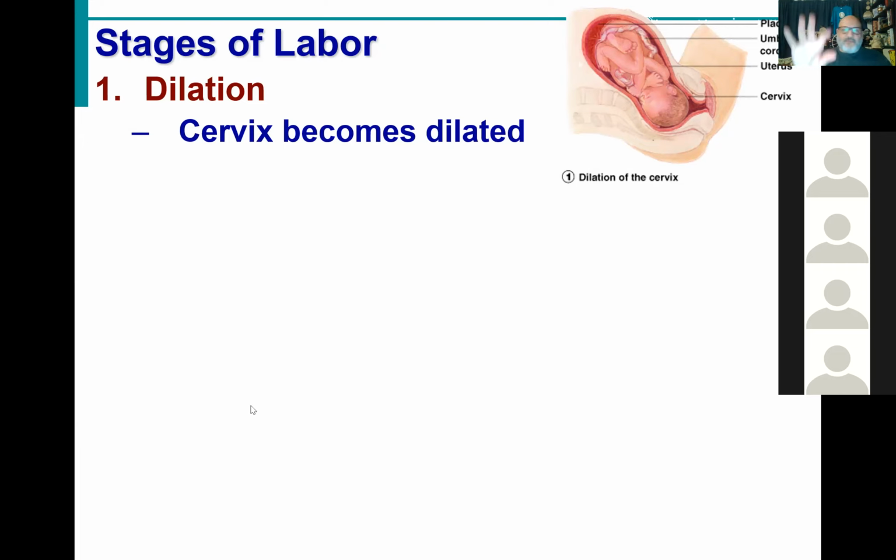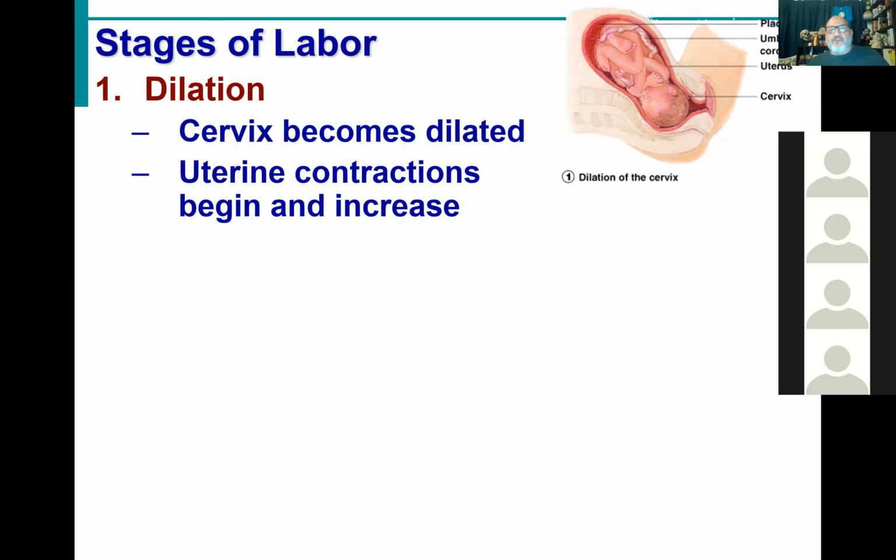So again, the doctor or the nurse checks manually the diameter of the cervix and how soft it has become to reach that stage for parturition to occur. At this point, uterine contractions typically begin, mildly but slowly building. And of our 3 stages, this is the one that is most variable.